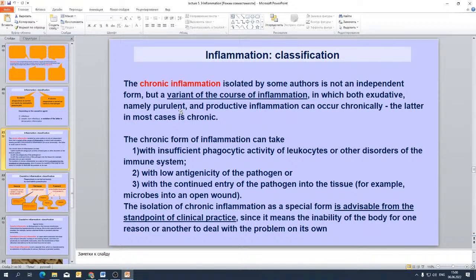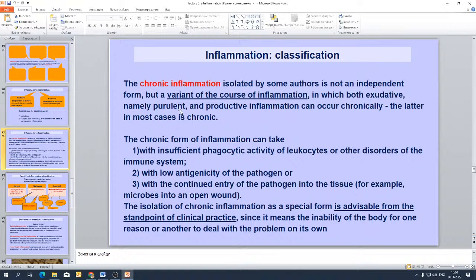Chronic forms of inflammation can occur with insufficient phagocytic activity of leukocytes or other disorder of the immune system. That's the first. The second, with low antigenicity of the pathogen, or the third, with continued entry of the pathogen into the tissue, for example, microbes into an open wound.